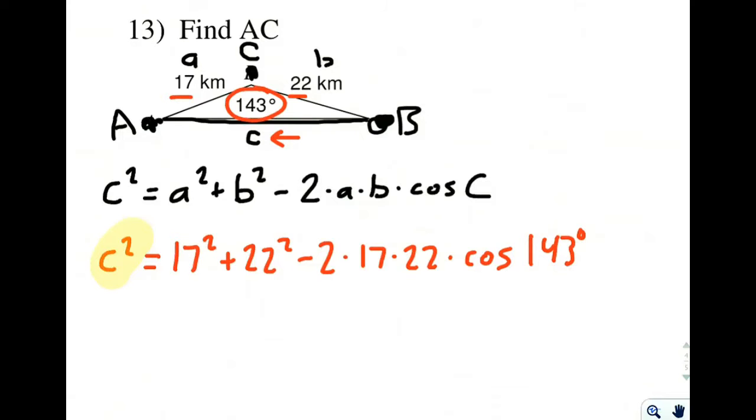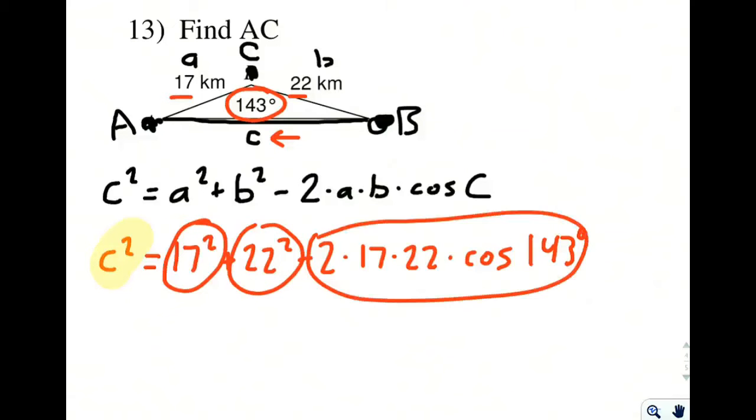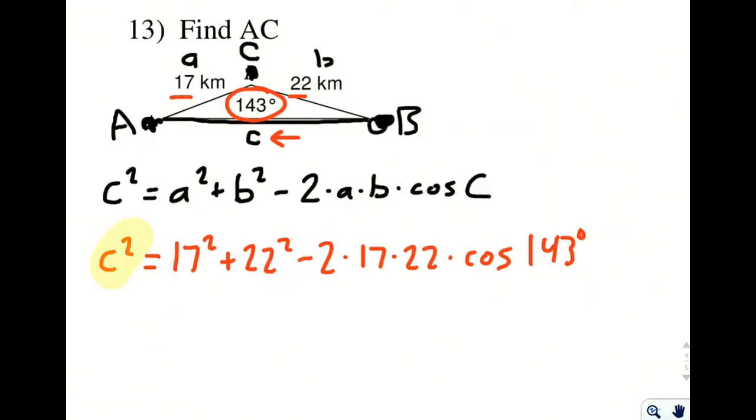Reason is that a lot of times weird things happen with this last piece if you mistype it into your calculator or you kind of lose track of what it means. We have 3 terms. We have this term plus this term minus this term here. So again, I recommend that you type it all in one line in your calculator. If your calculator cannot do that, I recommend that you find a different calculator to use.